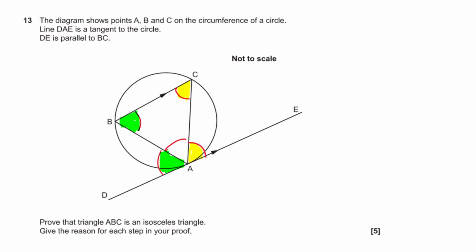So actually that angle there is the same thing as this one up here. So that means all of these are the same. Then I've got two angles the same up here, which means this is going to have to be an isosceles triangle, isn't it? Okay, that's my thinking. Now I need to write that down.